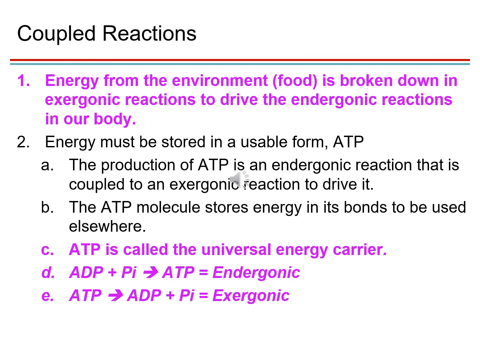This is an example of an endergonic reaction, because in order to join ADP plus inorganic phosphate, we need to absorb energy, and this absorbed energy is kept in that final product. That's why the final product in an endergonic reaction has higher potential energy.